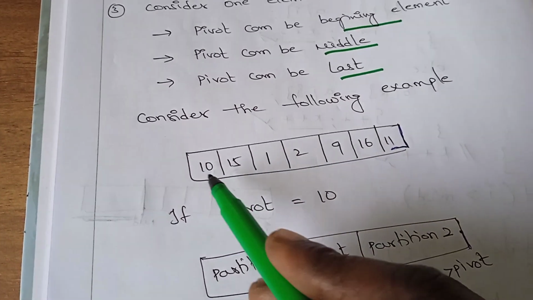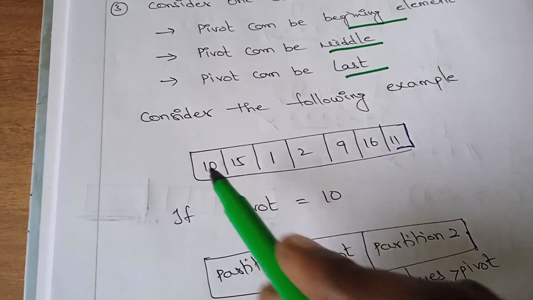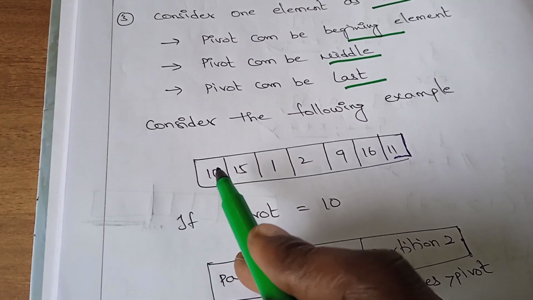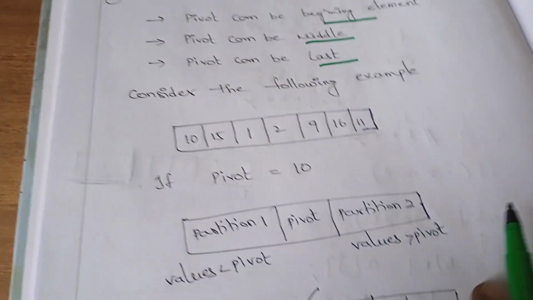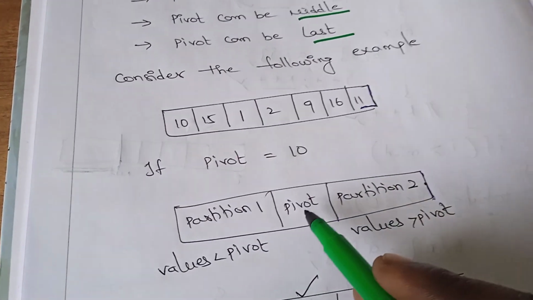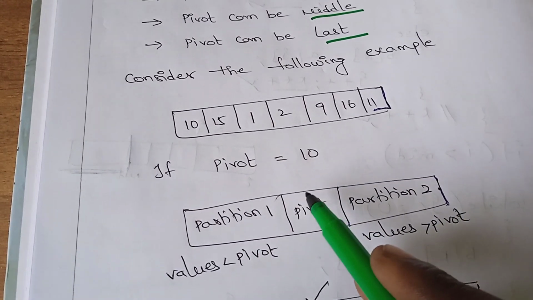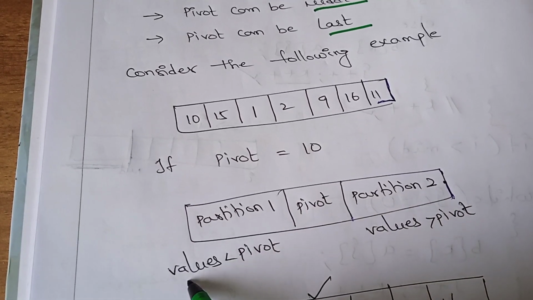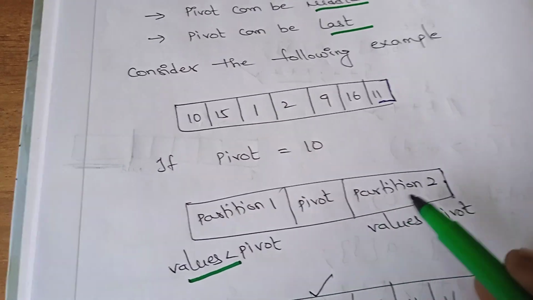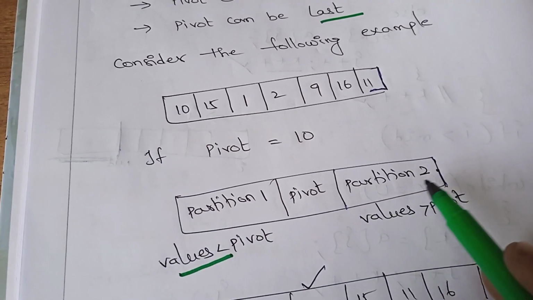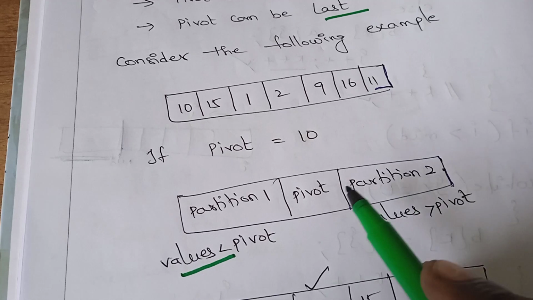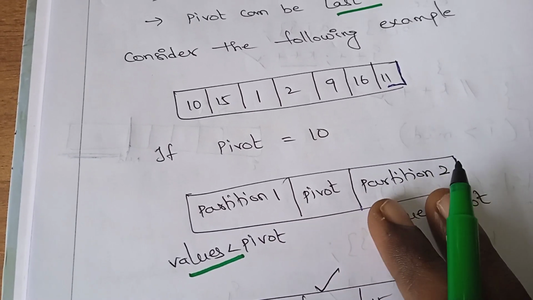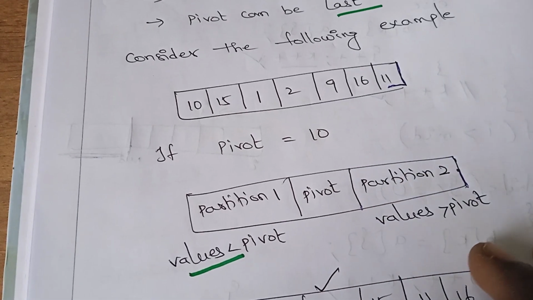Let us suppose I have taken the first element as the pivot element. Then the left side of the pivot should be lesser values than the pivot, and the right side of the pivot should be greater values. This is how we sort using the quicksort algorithm.